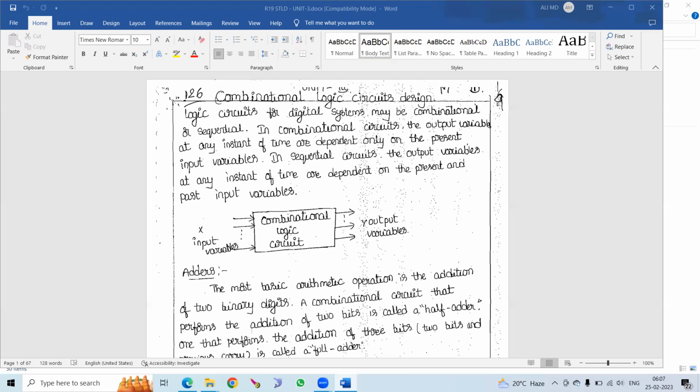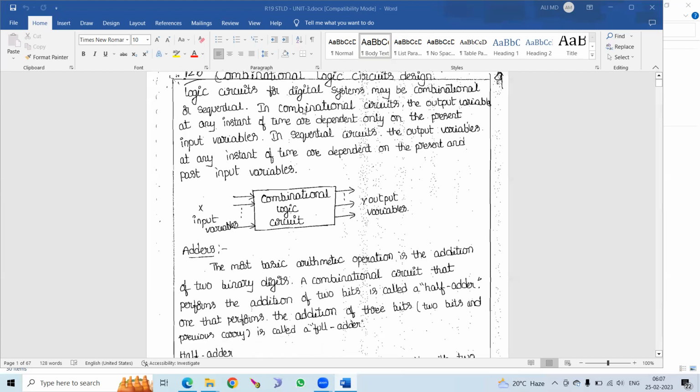The combinational logic circuits are built only from logic gates. So what is the basic definition of a combinational logic circuit? It is a circuit whose output depends on the present input only.